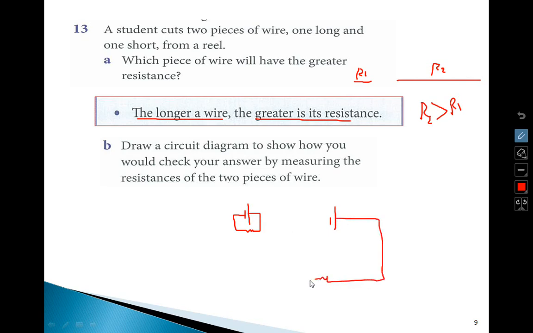We have a source of voltage, for example 10 or 5, whatever, and then measure the current. The resistance is less where the wire is very short, and greater where the wire is very long.